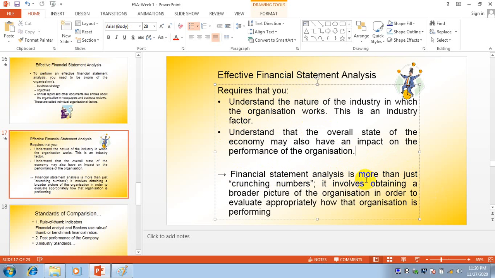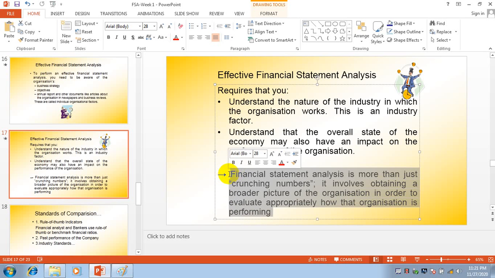Financial statement analysis is more than just crunching numbers. It is not just getting numbers from financial statements. It involves obtaining a broader picture of the organization in order to evaluate appropriately how that organization is performing. Don't think that in financial statement analysis we are just getting numbers and these numbers are meaningless. No, these numbers are showing a broader picture of the organization.